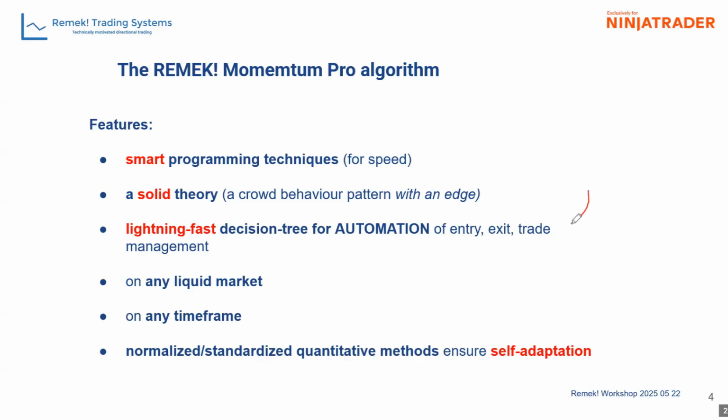All the information that the software would give you would still be valid and true and usable, because all the mathematics behind the calculations are normalized in the background. In other words, you don't have to change the settings if you change the time frame or if you change the instrument. You also don't have to change the setting if the volatility conditions change within one instrument.